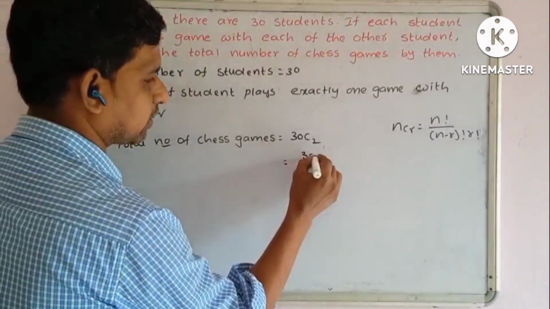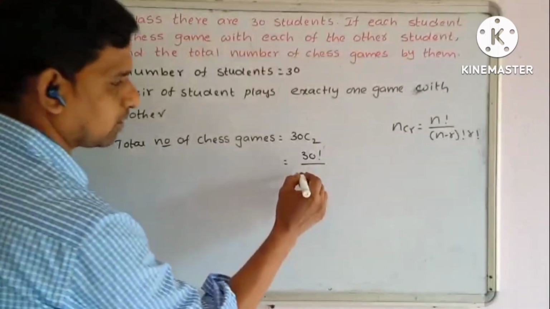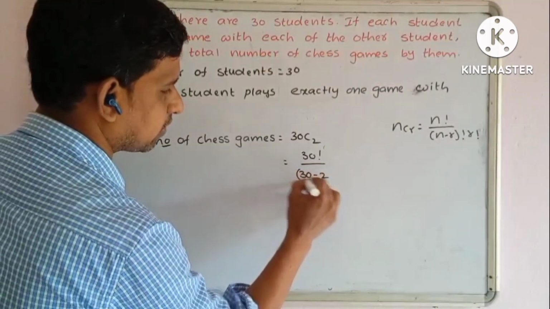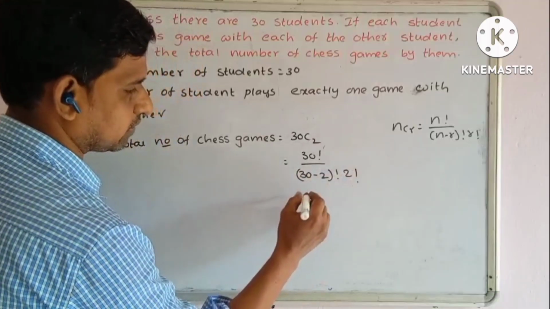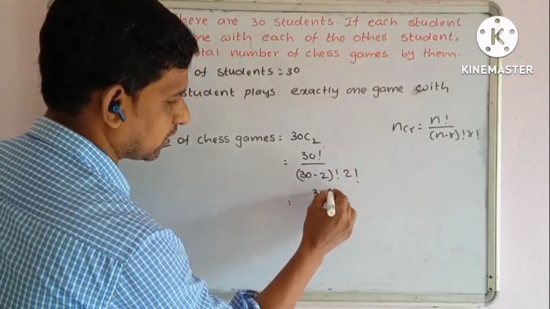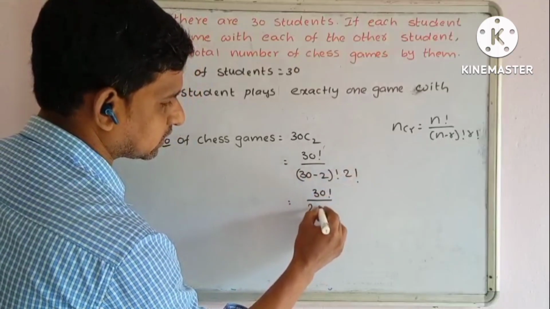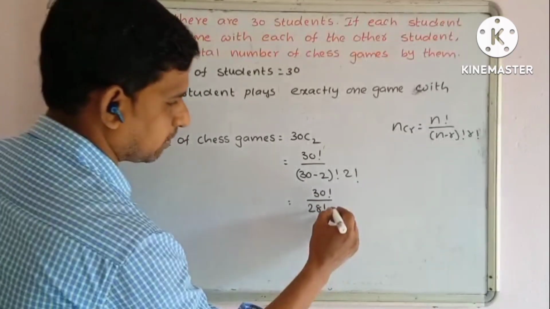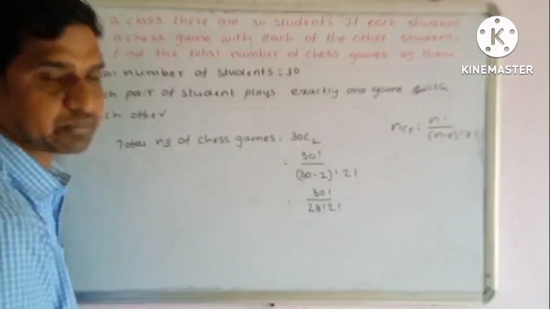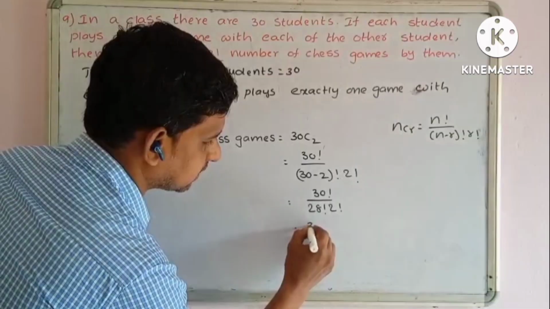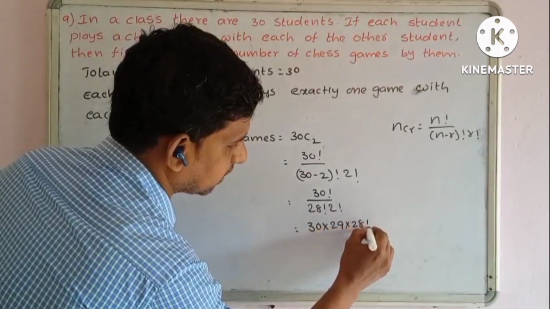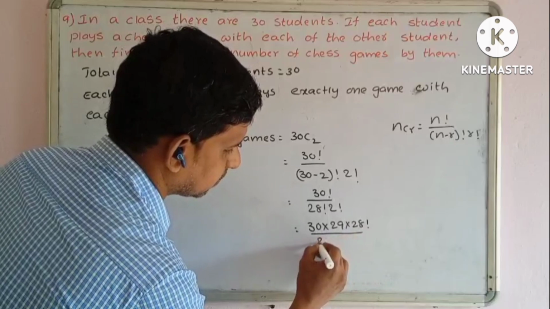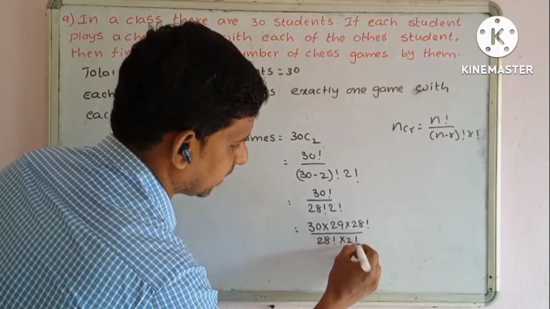So 30 factorial by 30 minus 2, which is 28 factorial, multiplied with 2 factorial. 30 factorial can be written as 30 times 29 times 28 factorial, by 28 factorial into 2 factorial.